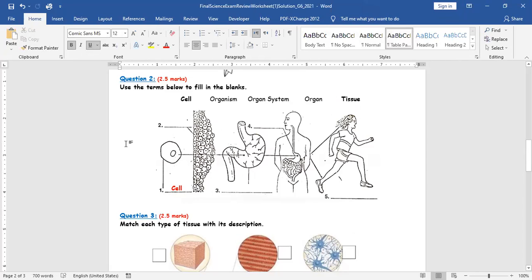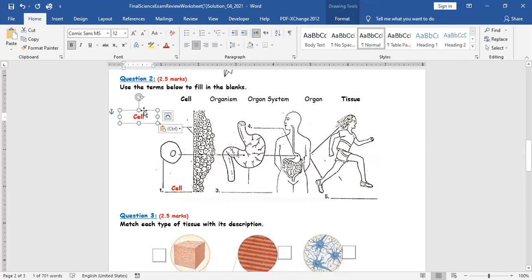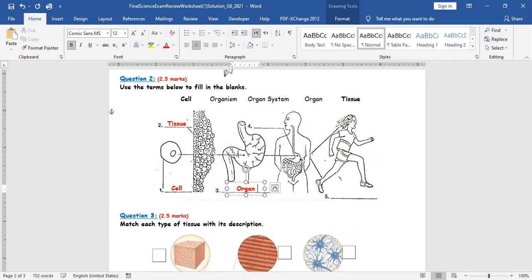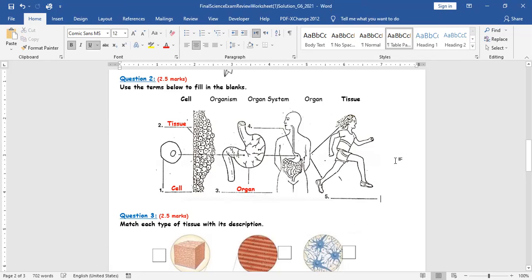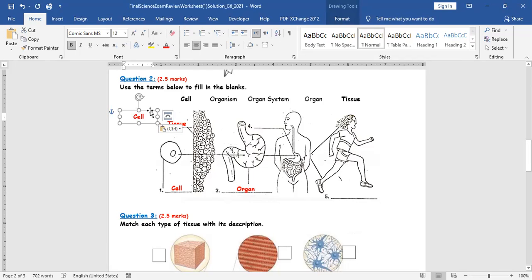Then, same cells work together next to each other as a tissue. The tissue has one function. Several tissues working together, 2 or more tissues working together, form an organ. And then different organs working together form a body system or an organ system.